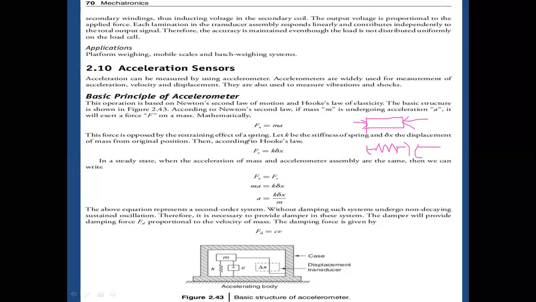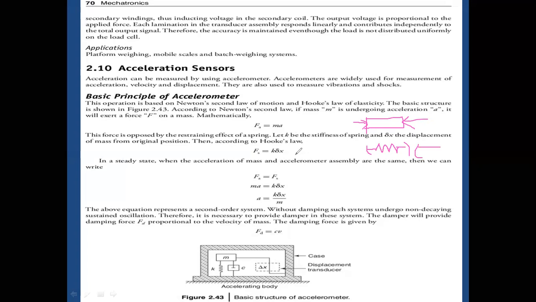Now, how do we calculate the spring force? Considering the spring or any particular specimen as a spring, we assume some constant K. K is the stiffness of the spring. As per the basic fundamentals, the stiffness of any material can be represented as load per deflection.